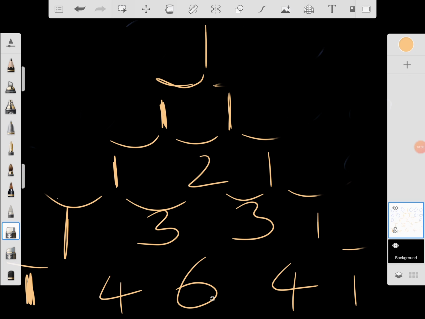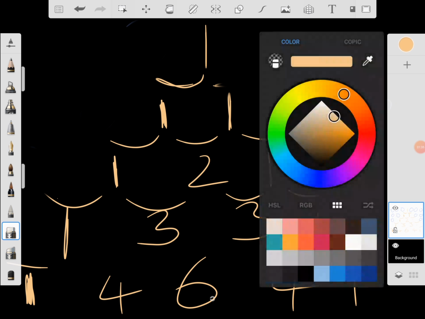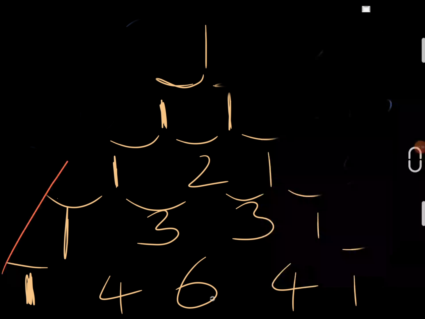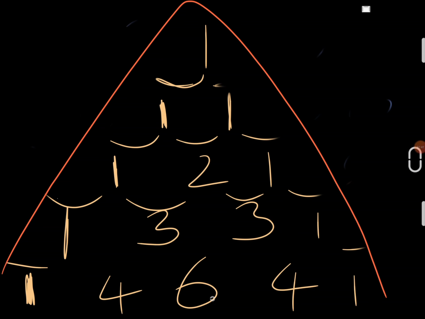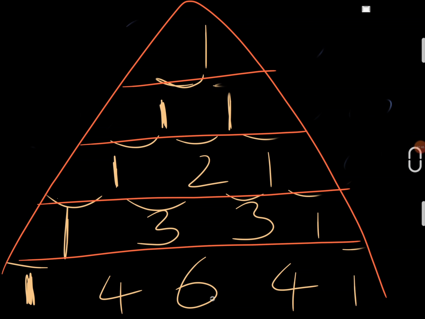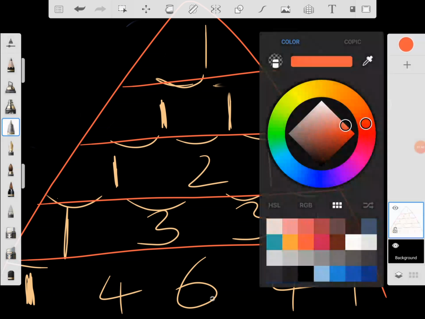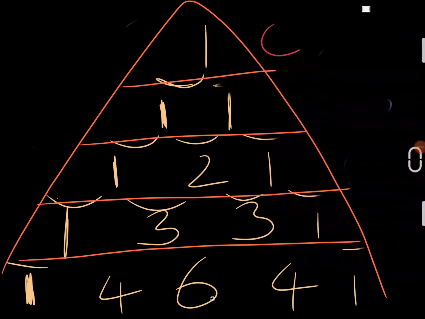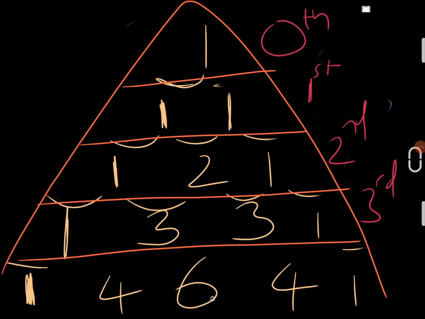One thing that you'll have to notice and remember is that this is a triangle. It has many rows like this. This is the 0th row, this is the first row, second row, this is the third row, and this is the 4th row.